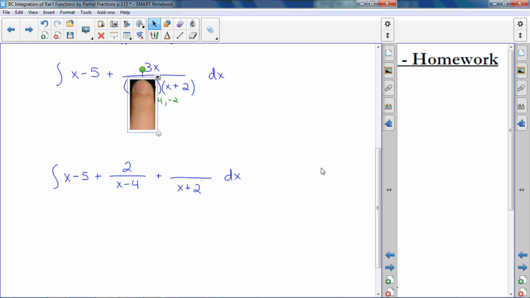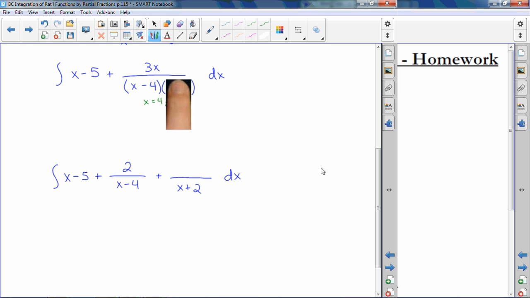Okay, and then next I want to use the -2, so let's cover up the x plus 2. Plug in the -2, I get -6 on top and -6 on the bottom, so that's going to give me 1.